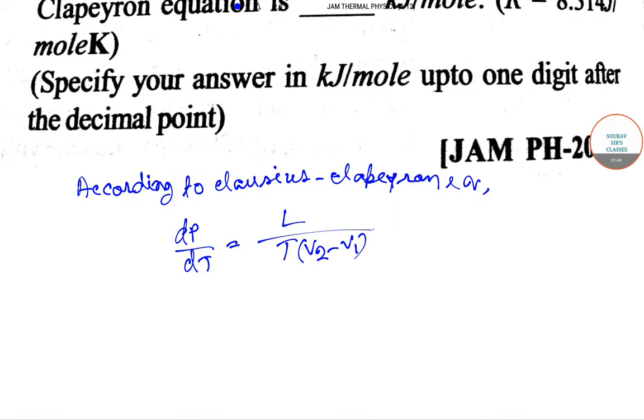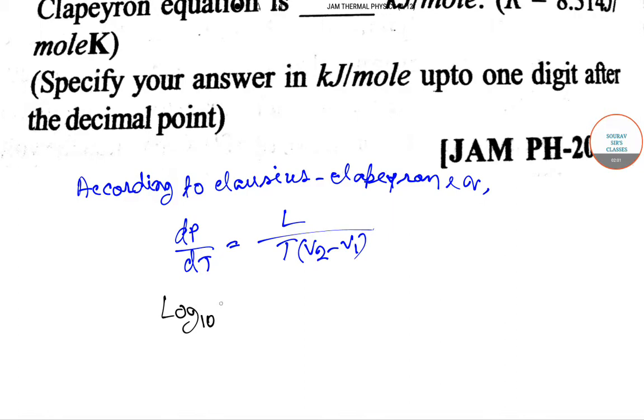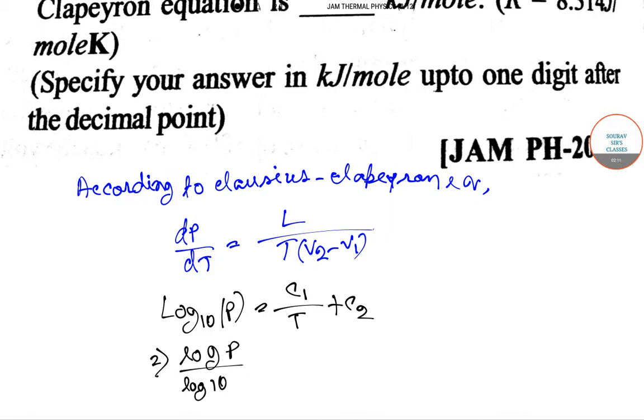So this dP/dT can be written as this. Here log 10 P is equal to C1 by T plus C2 is given.